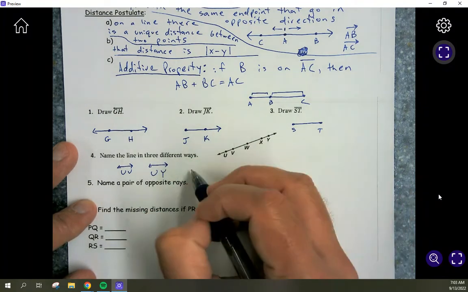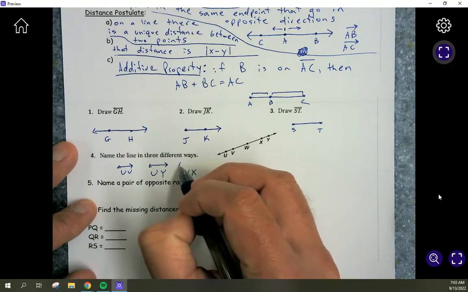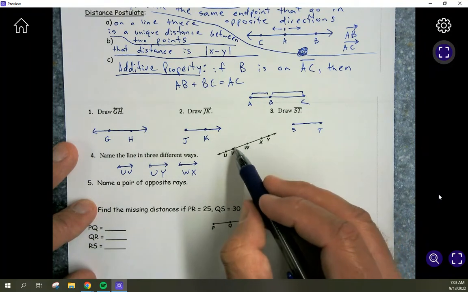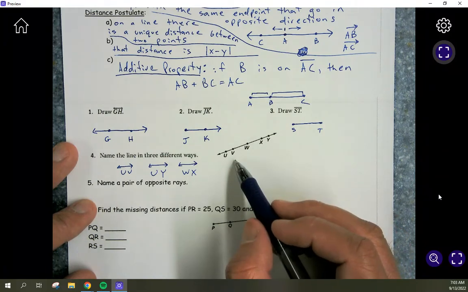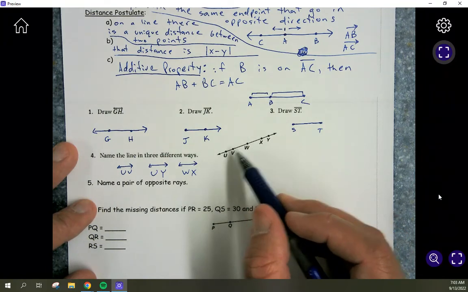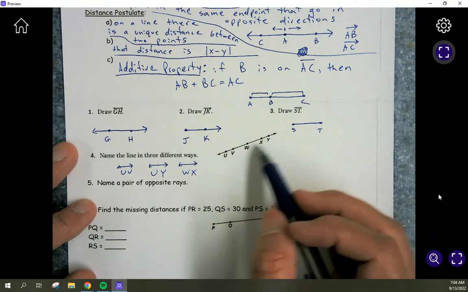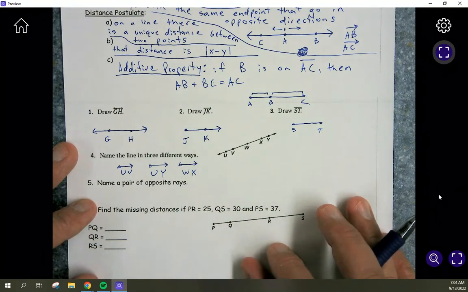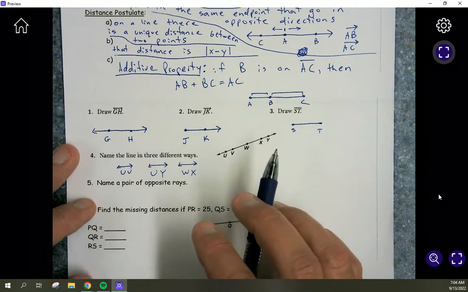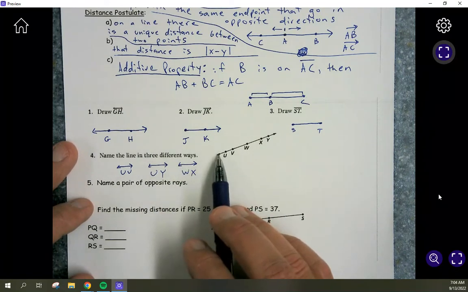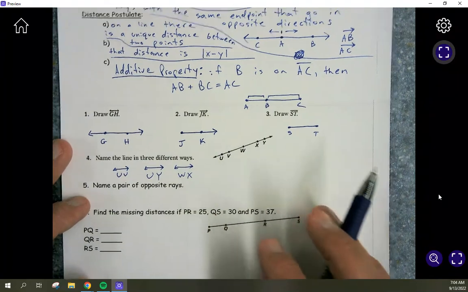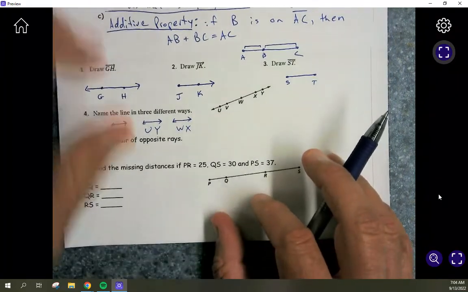I can pick another 2 letters, WX. You could use VW and VX and VY, WY, UW. Any 2 points on this line can be used to name it because we're not talking about endpoints here. We're not talking about a ray. So just specific to lines, they go forever in both directions. You can pick any 2 points to name it.